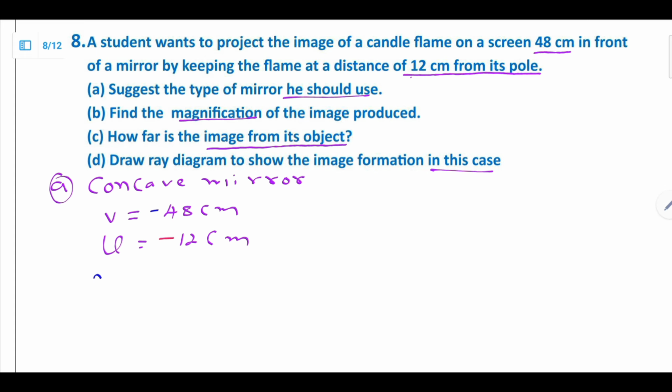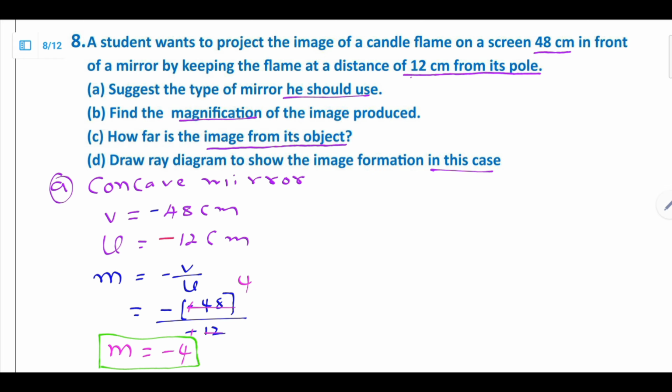So the magnification formula, m equals minus v by u, equals minus of minus 48 divided by minus 12. Minus cancels, 12 fours are 48, so m equals minus 4.